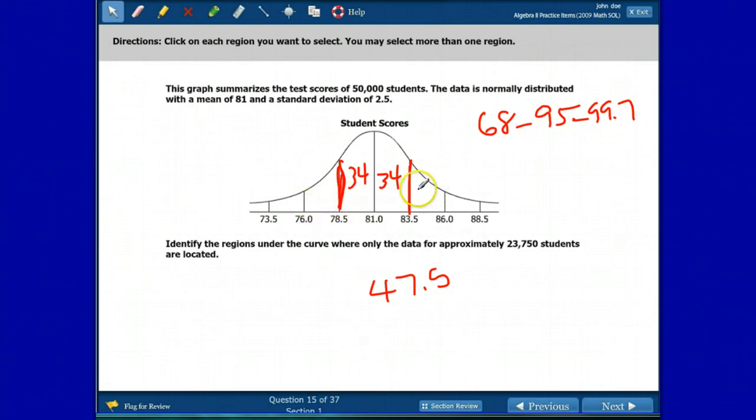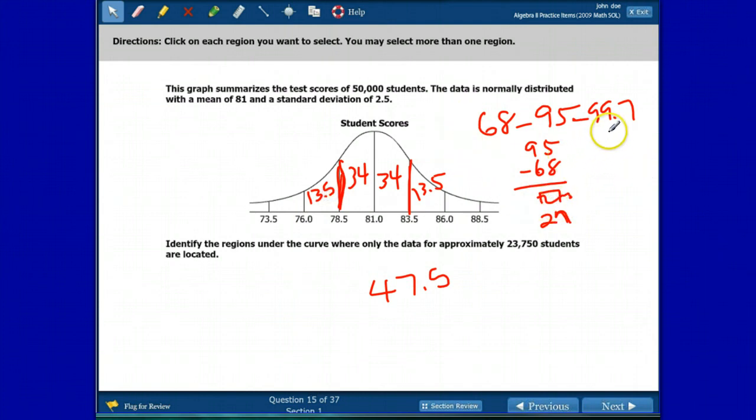Now, how do I get these two pieces? I take 95, the next number, and subtract out 68. That gives me 27. That makes this 13.5 and this 13.5, because I'm splitting the two pieces in half.